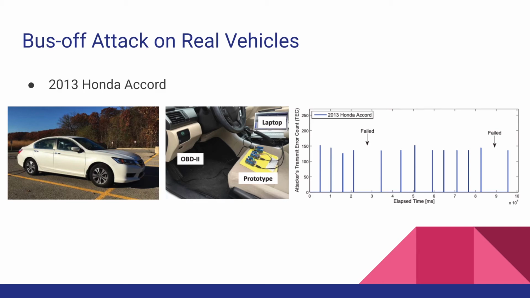They launched the attack 15 times, and 13 of those 15 times we can see that the attacker's TEC count went above 127, meaning that the onboard computers were taken into error passive mode at least 13 of the 15 times, if not completely entering bus off mode.